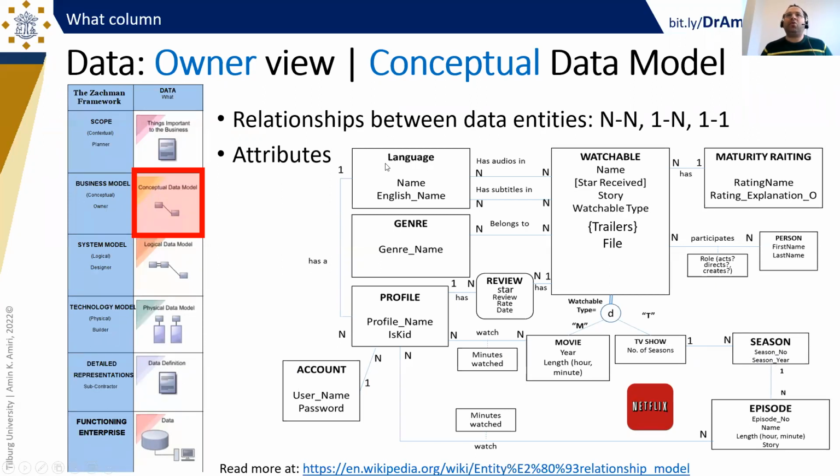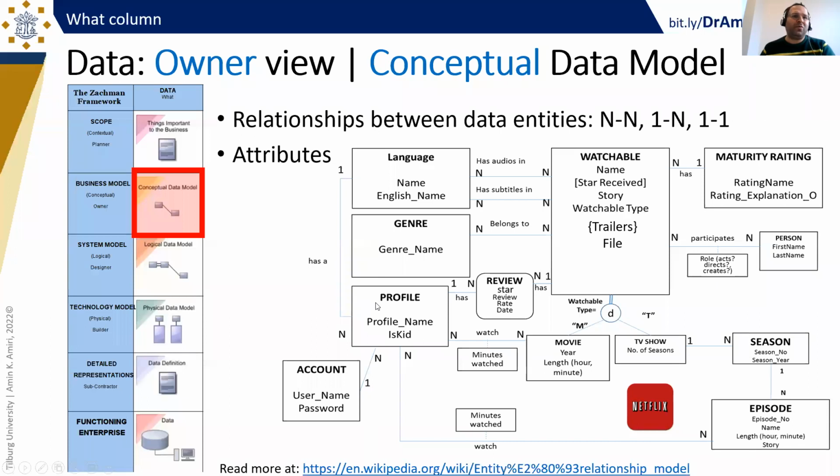So not only do I want to know the attributes of the entities, that means the information pieces about those entities, I also want to know the relationships between these, which means that for an instance of a language, how many profiles do I have? So I would say that for a language, there can be several profiles all over the world that would choose that language for themselves.